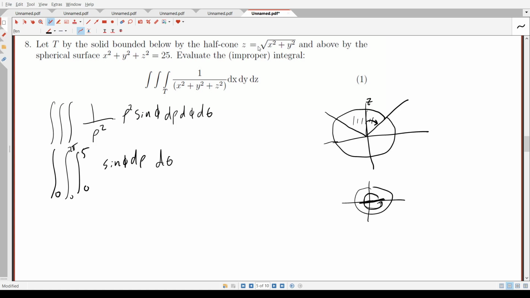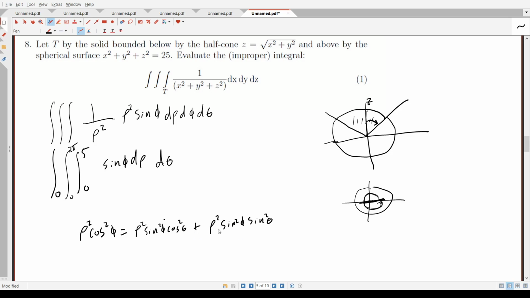What do we know about this? I'm going to convert this into spherical coordinates. If I square both sides first, I have cosine squared phi equals x squared plus y squared. So x was rho sine phi cosine theta, squared, plus y squared, which is rho squared sine squared phi sine squared theta.